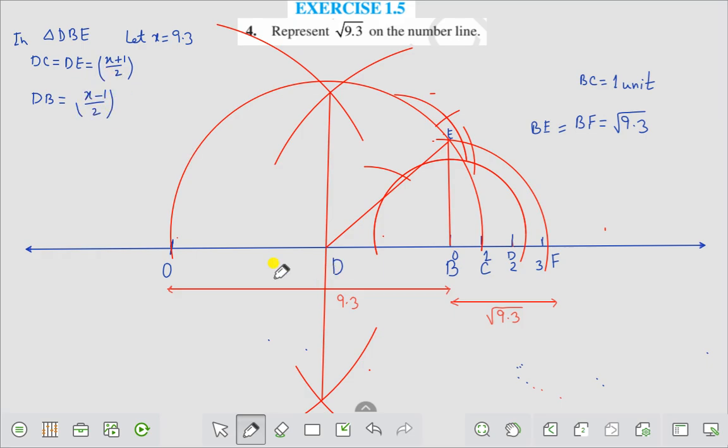If we subtract 1 by 2 here, we will get the value of DB, right?